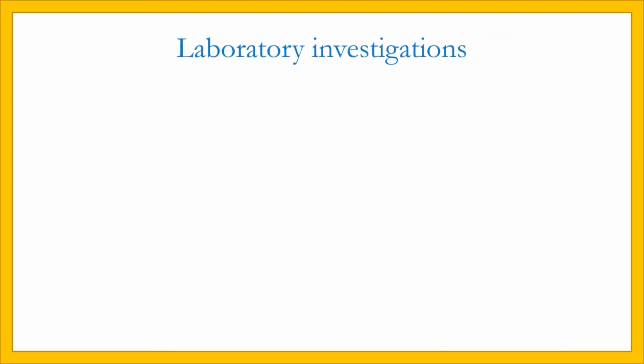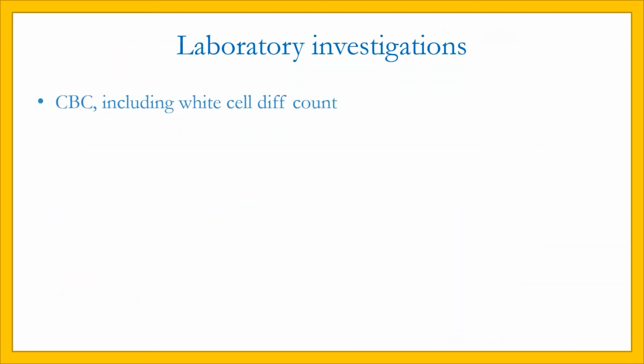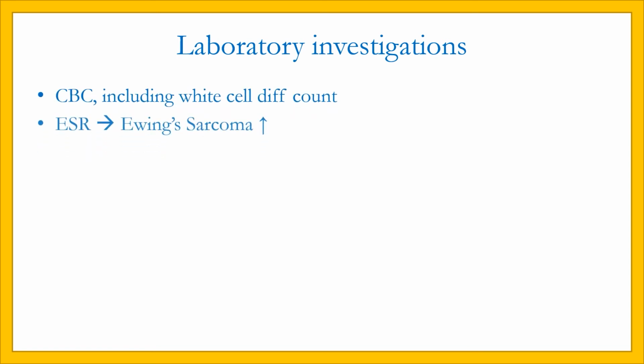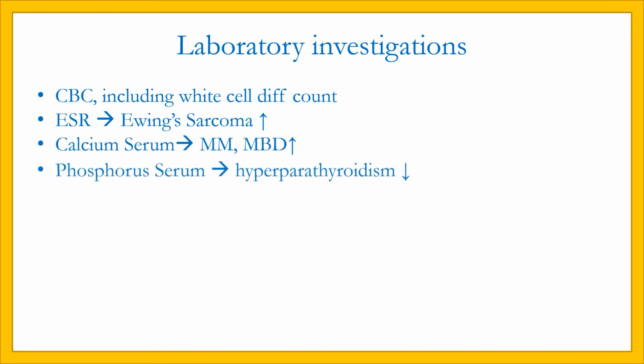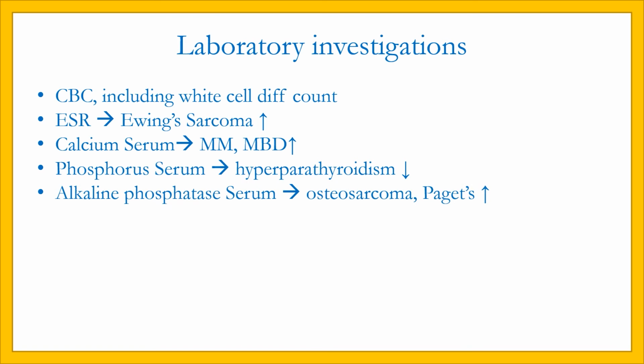Laboratory investigations: blood cell count, including white cell differential count. In Ewing sarcoma, the ESR level is high. In multiple myeloma and metastatic bone disease, the serum calcium level is high. In hyperparathyroidism, the serum phosphorus level is low. In osteosarcoma and Paget's disease, the serum alkaline phosphatase level is high.